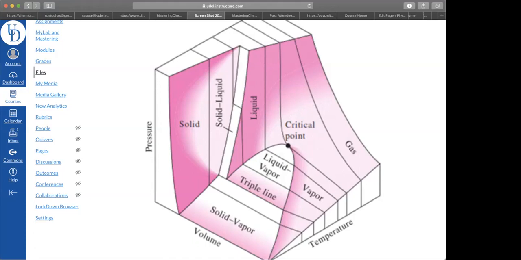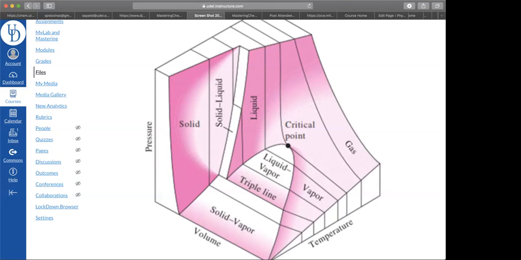What you've been introduced to as pressure-temperature diagrams, with pressure on the y-axis and temperature on the x-axis, are phase diagrams that are actually a projection of this three-dimensional surface, where the volume has essentially been collapsed.